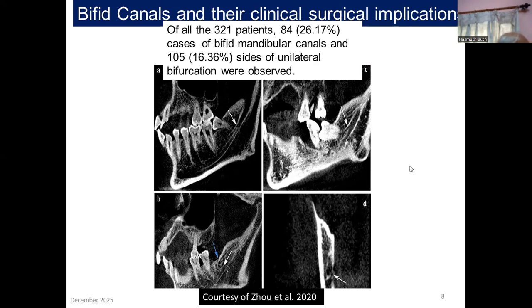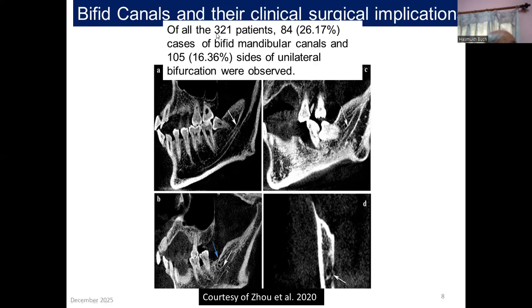Well, corticalization is this. This white line is corticalization. And similarly here, similarly there. And this is the main canal, and the other one you can say is an accessory canal.